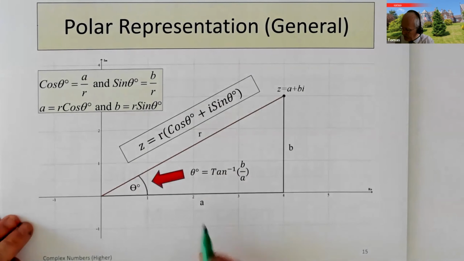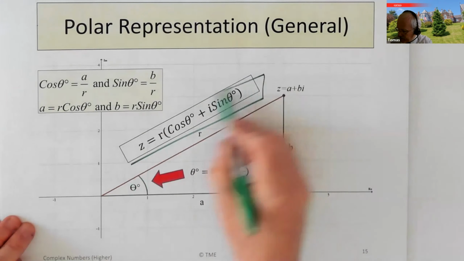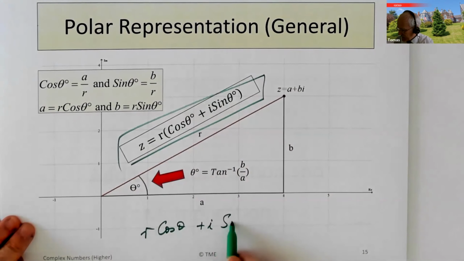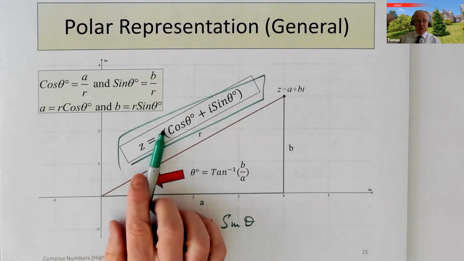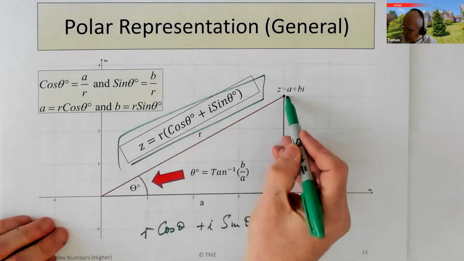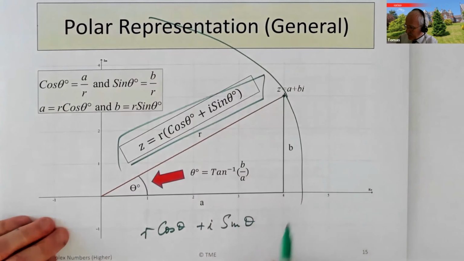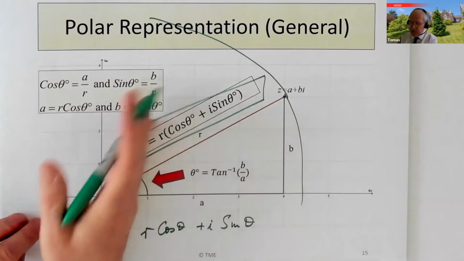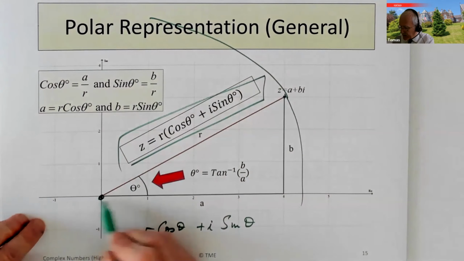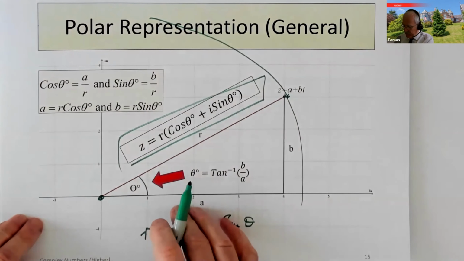So the general form of a polar representation is r (cos theta plus i sine theta). And we used r there just because it's handy. Very often we think of it as a radius, and we could imagine it being a circle, because depending on the angle, r would be the middle of the circle out to the perimeter.